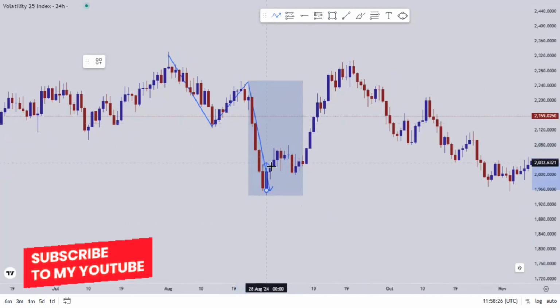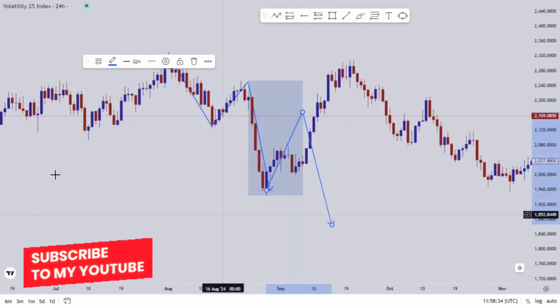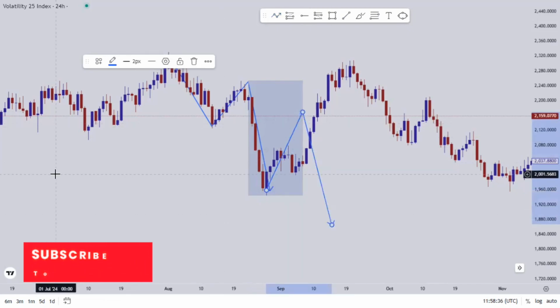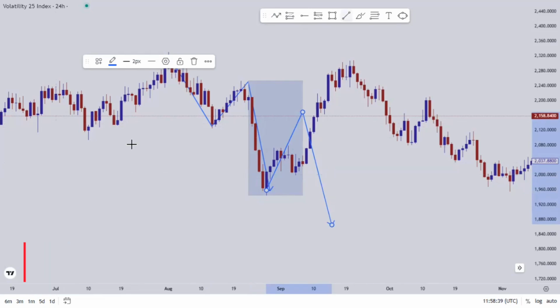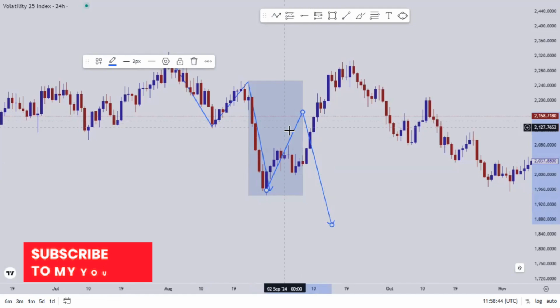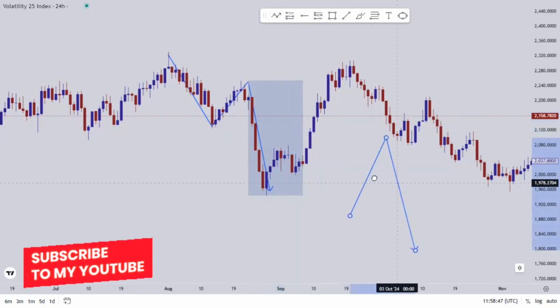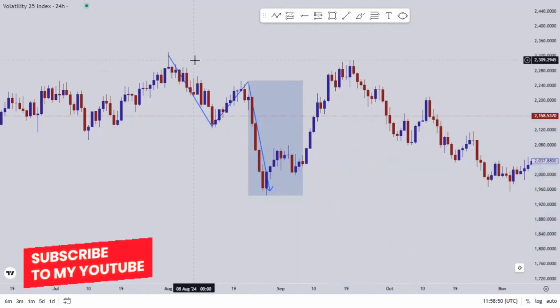Once we have this range, our expectation is for the market to pull back to any of these levels to create the next impulsive leg. Until this happens, our mind is fixed on price action to deliver. That is our expectation.